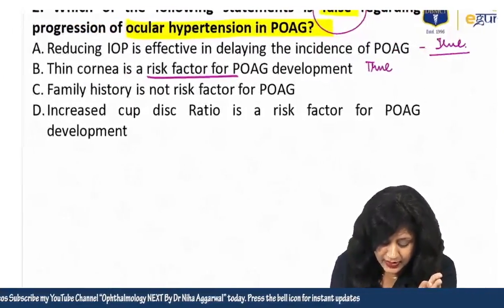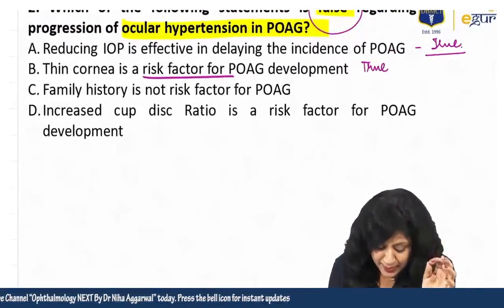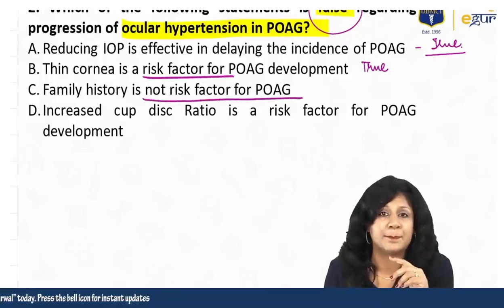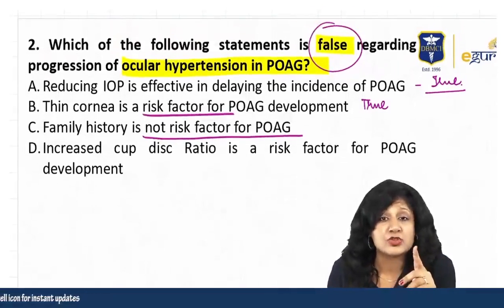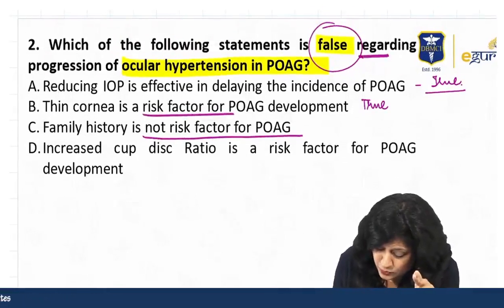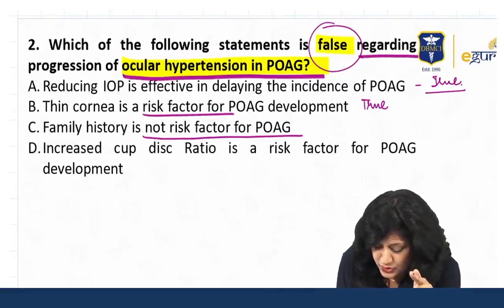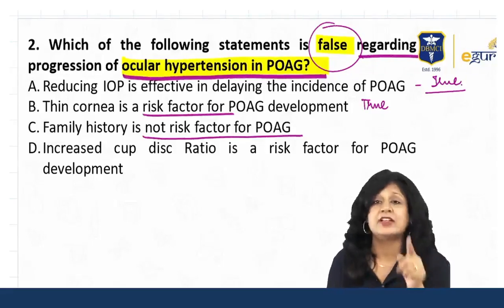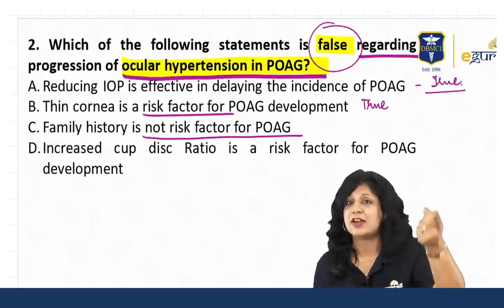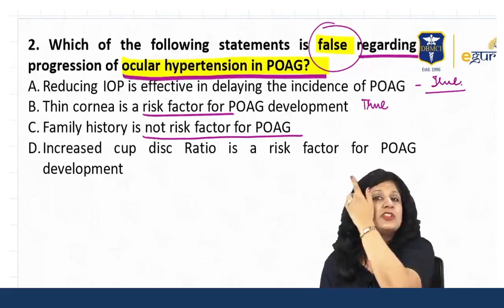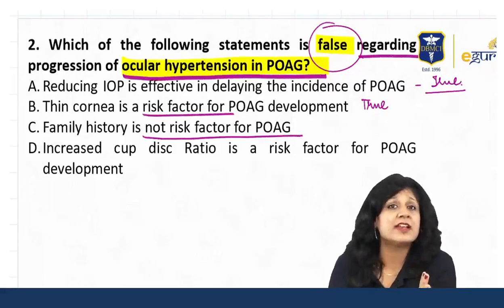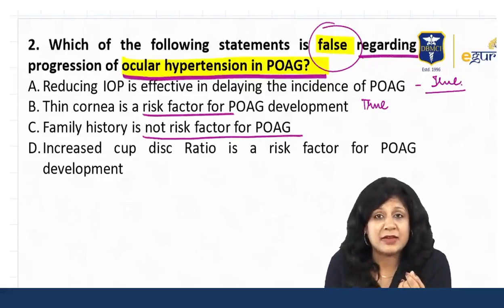Then look at option C: family history is not a risk factor for POAG. Now, they are actually asking with respect to conversion of ocular hypertension to POAG. So family history is not a risk factor as far as the conversion from ocular hypertension to POAG is concerned. Yes, in isolation, it is a risk factor, like family history, diabetes, hypertension.